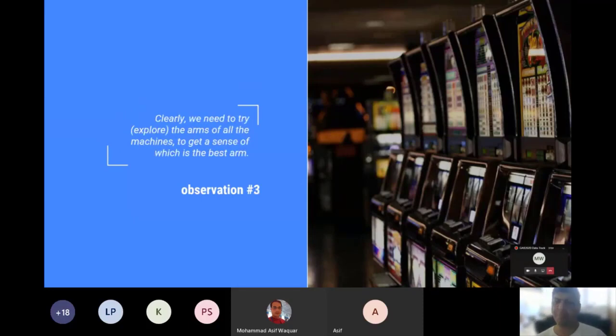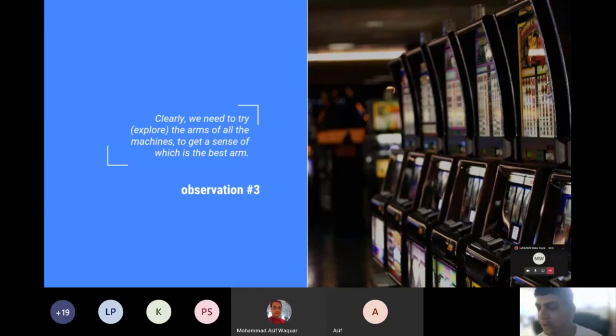And lastly, even when I explained the first observation, you were like, why can't I just go and play with the remaining two machines as well, to get an idea of how that's going to work? And that's something that we do in reinforcement learning as well.